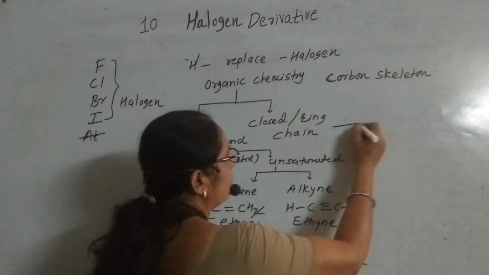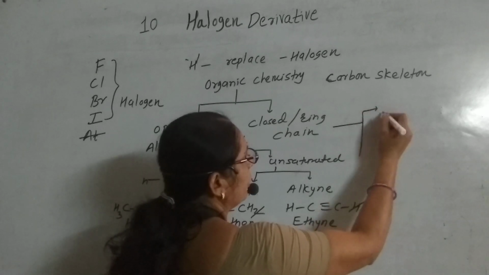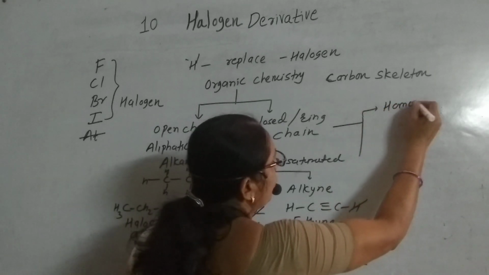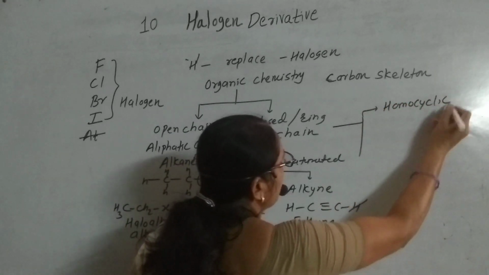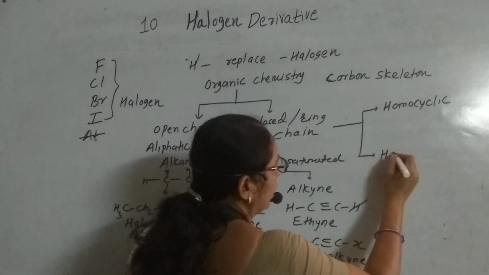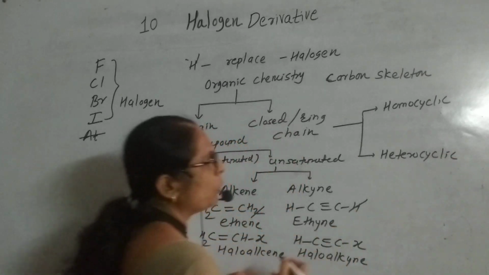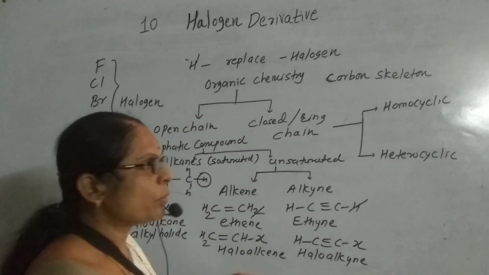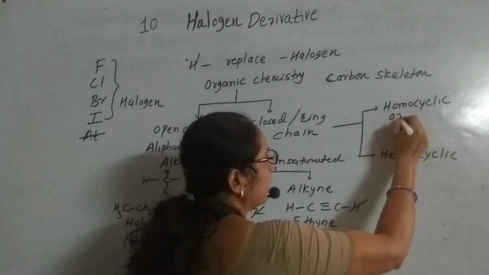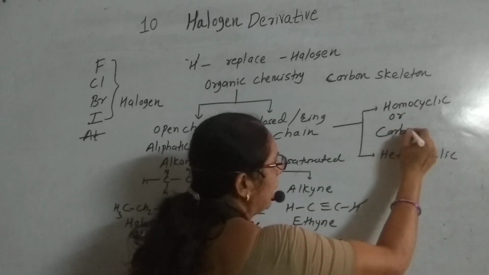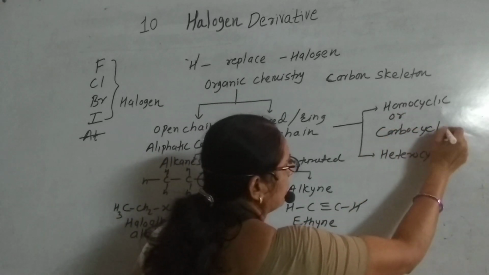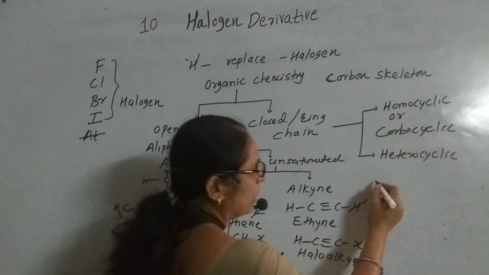When I say closed chain or ring compounds, they may be homocyclic, where the ring is made up of only carbon, or heterocyclic. The homocyclic are also called carbocyclic.